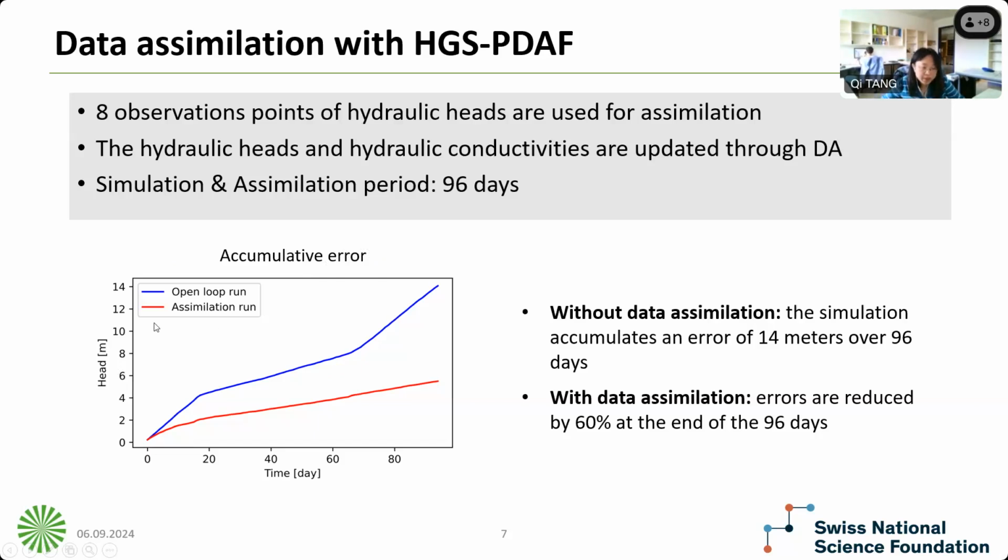So here we compare the open loop run and the assimilation run, and we see the accumulated error increased during the simulation period, and for the open loop run after 96 days, this can be up to 14 meters. And with data assimilation, the errors reduced by about 60%.